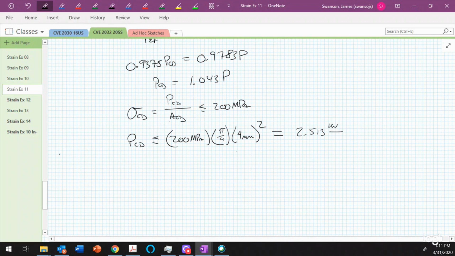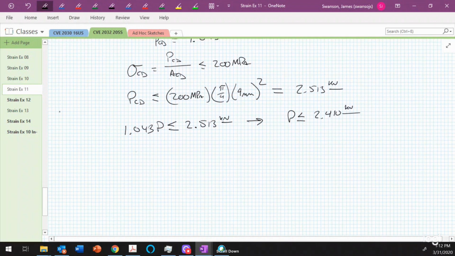But we know that P sub CD is equal to 1.043 times P. And if we substitute that in, then we can solve for the magnitude of the applied load that would cause that wire to fail. So 2.513 divided by 1.043, we get that P would have to be less than or equal to 2.410 kilonewtons.